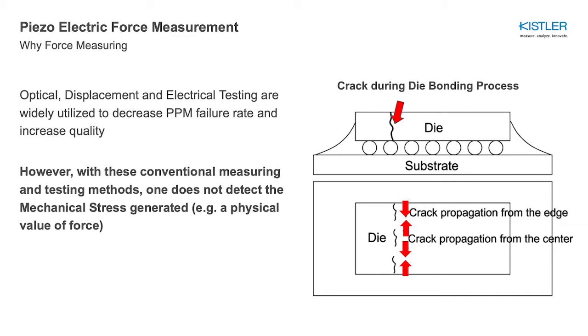The applied force is critical in front-end processes like lead stamping, wafer grinding, wafer polishing, wafer dicing, and others. The same is true for back-end processes like die attach, wire bonding, and advanced packaging. With these processes, force deviations can lead to quality issues, which I want to elaborate deeper on the next slide.